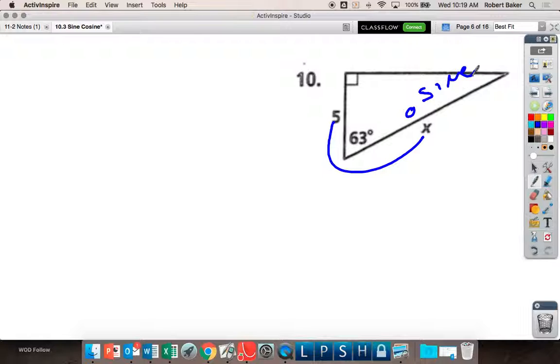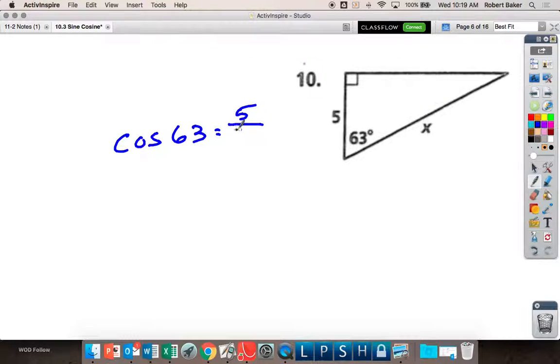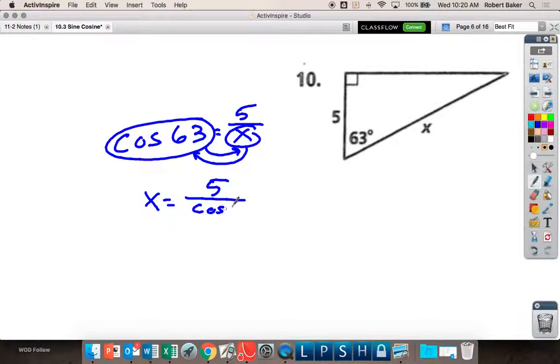I don't know if it works for you or not, but the cosine of 63 degrees is equal to 5 over x. And yesterday we talked about what happens when there's a variable in the denominator. The trig function and the variable switch locations. So it's 5 over cosine. Oh, I actually did that right.